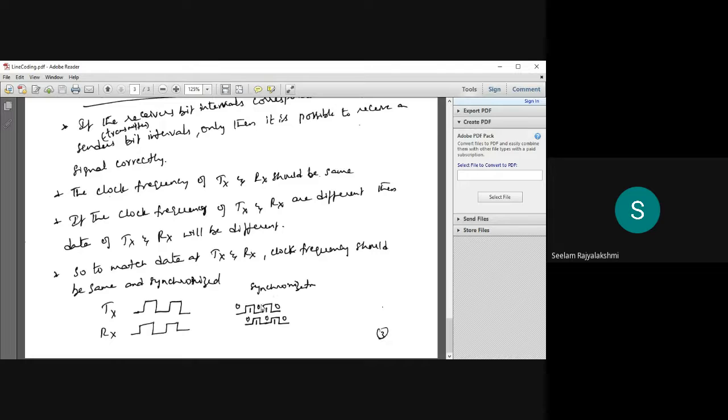Synchronization means to make exactly simultaneous with the action. So the transmitter and receiver bit intervals should be equal, and then only it is self synchronization.